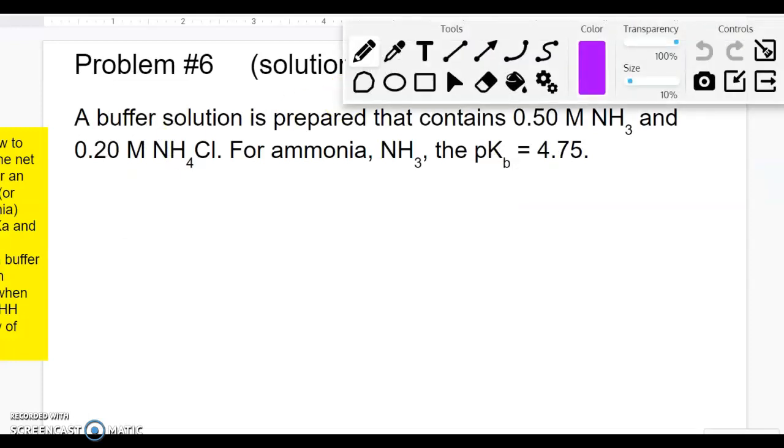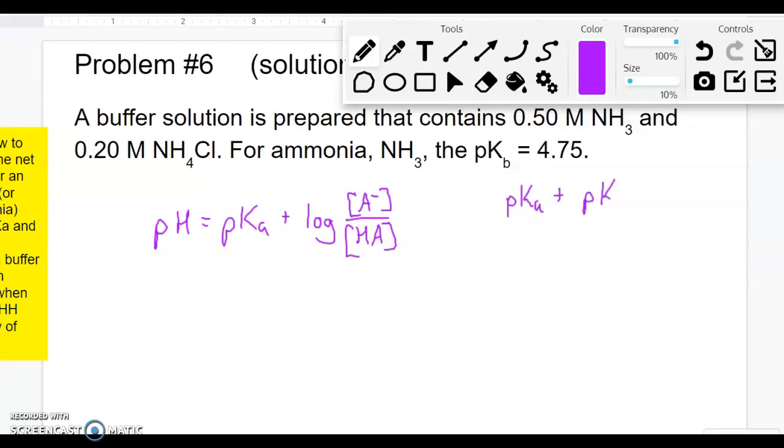So use this equation, pH equals pKa plus the log of the concentration of A minus over HA. But I need pKa, so pKa plus pKb equals 14.